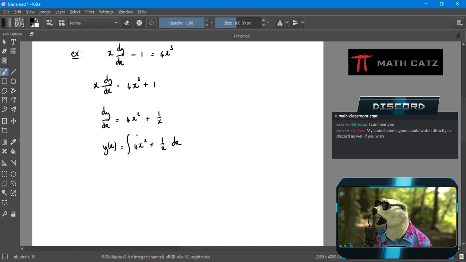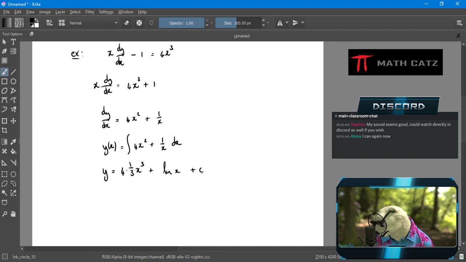Okay, so for the very, very simple kind of equation, we can just recognize our differential equation as a rephrasing of our antiderivative question. And then we can say, well, y is, I leave the 4 out in front, I have an x cubed with a correction, and this one is going to be natural log of x, and I add my c and so on.